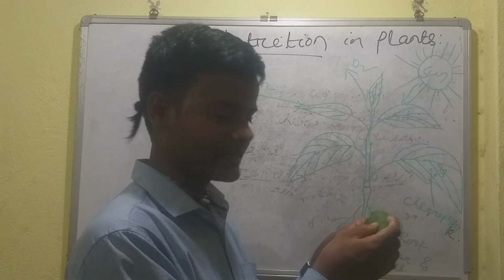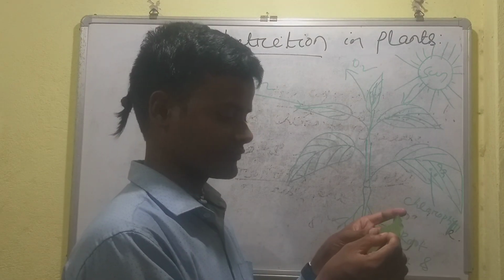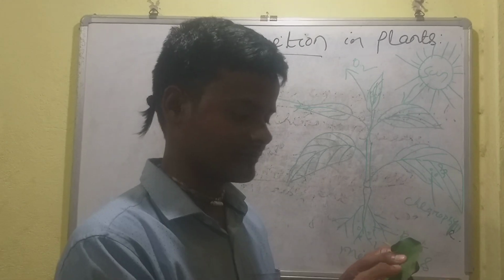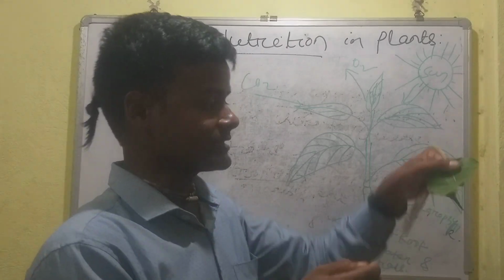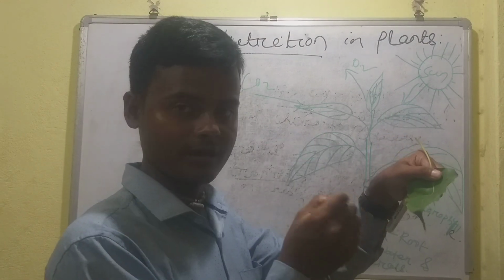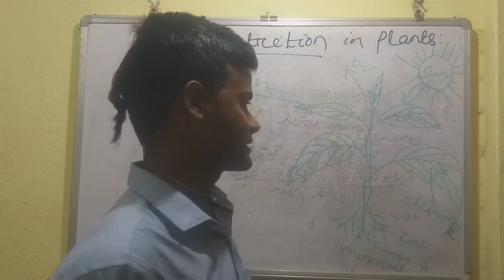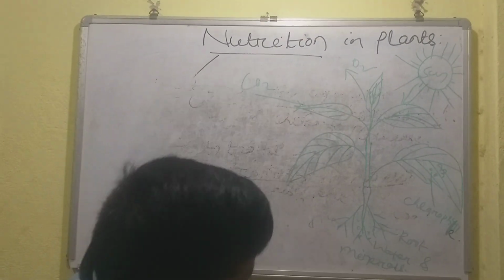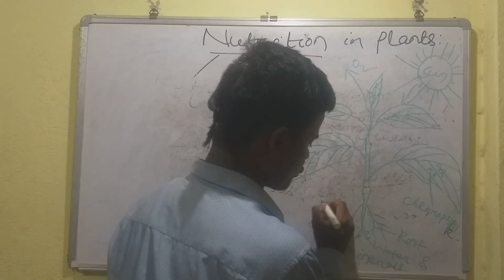This green pigment is known as chlorophyll. The green pigment present on the surface of the leaf is called chlorophyll. It is not visible to the naked eye. If you take a small portion of the leaf and put it under the microscope, you can see this.